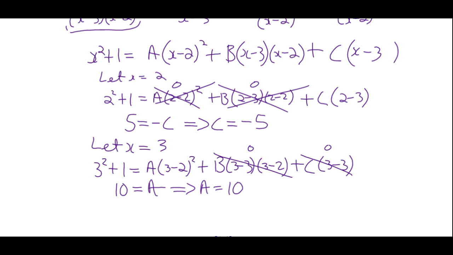Okay, now how do we figure out what B is? Here's an easy way to figure out B. The terms that involve squares are A and B. When you expand this, you're going to end up with Ax squared plus other junk.